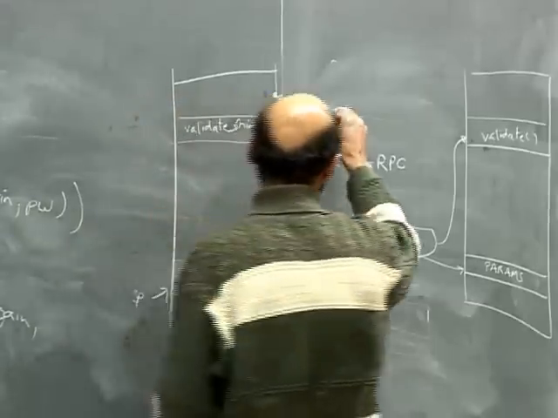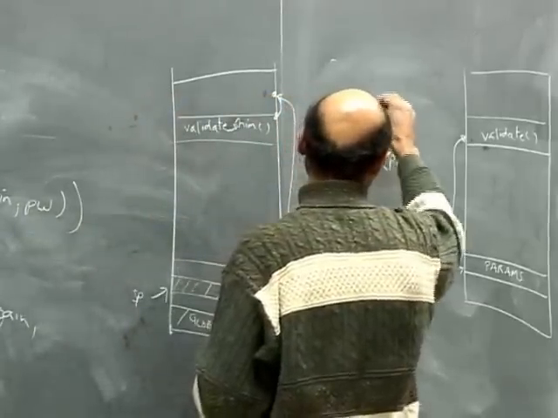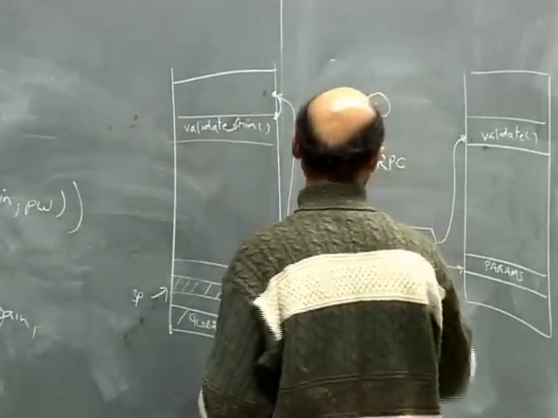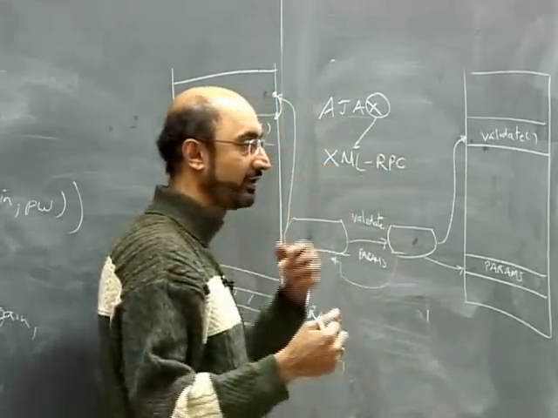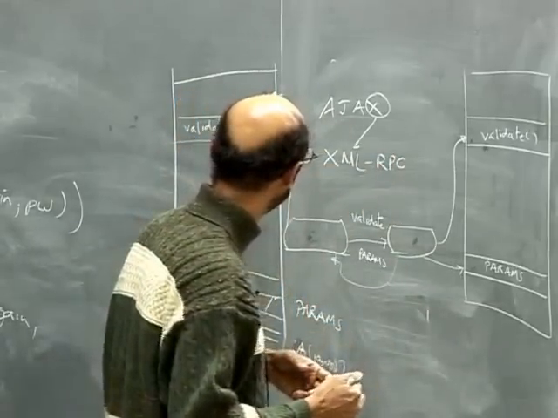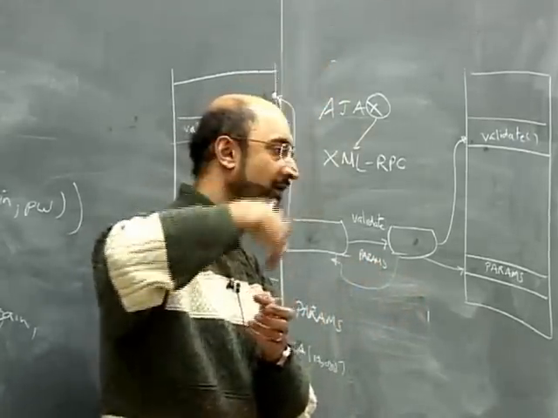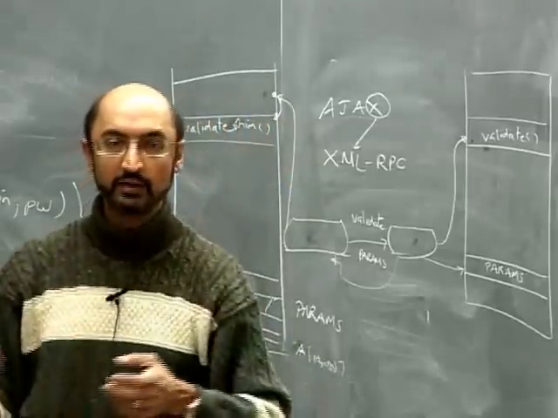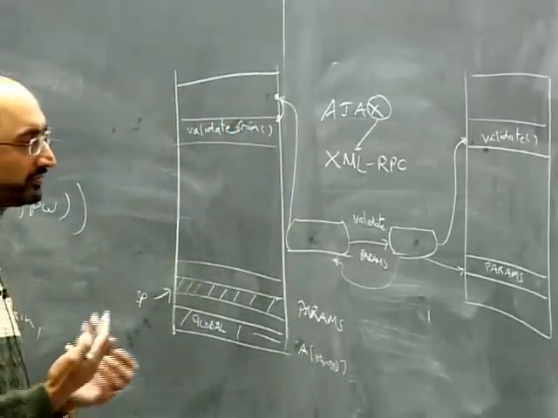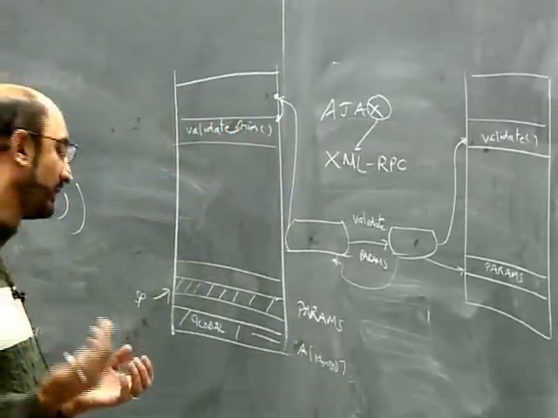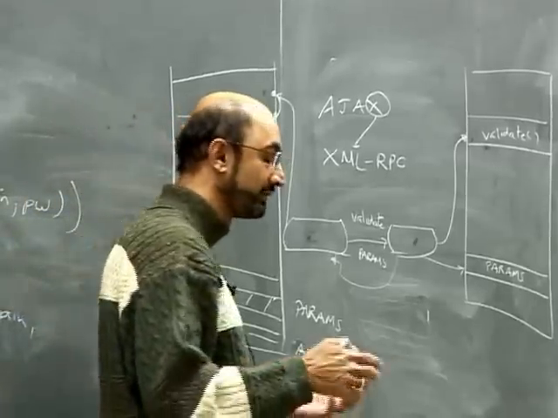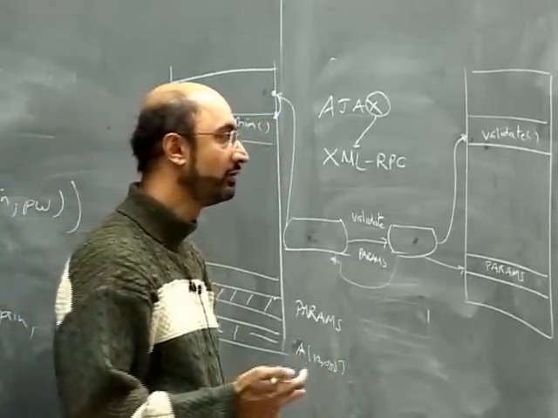In AJAX, the X stands for XML, so this X is using XML RPC. The J is JavaScript. So what's happening is that the JavaScript is going to make RPCs all the time to the back end saying, give me something. The first and probably still the most widely used AJAX implementation was for Google Maps, right?